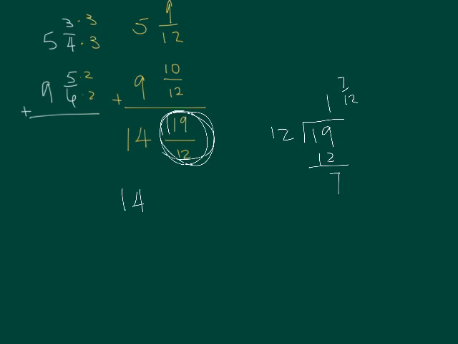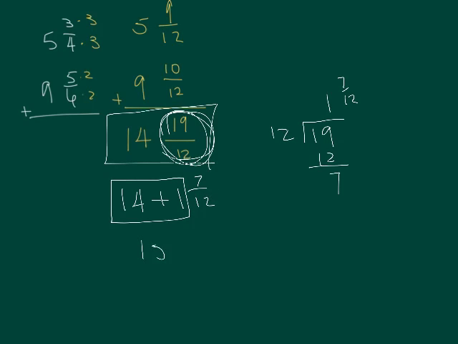Remember, I said a mixed number is a whole number plus a fraction. So we take our 14 plus 1, and our 7/12 doesn't change. That ends up being our answer. Now we have a proper fraction: the top number is smaller, and it's a mixed number like we started with, and we're good to go.